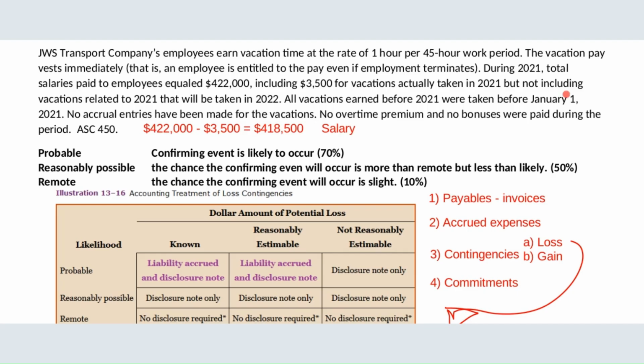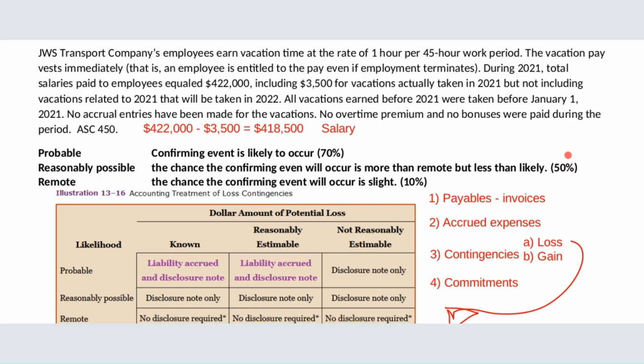We're told that all vacations earned before 2021 were already taken, so there's nothing carried over from previous years. We're strictly talking about 2021, and we need to find out how much we need to accrue. So if we take our 418,500 and divide it by the 45 hours that we are accruing, then we can find out.